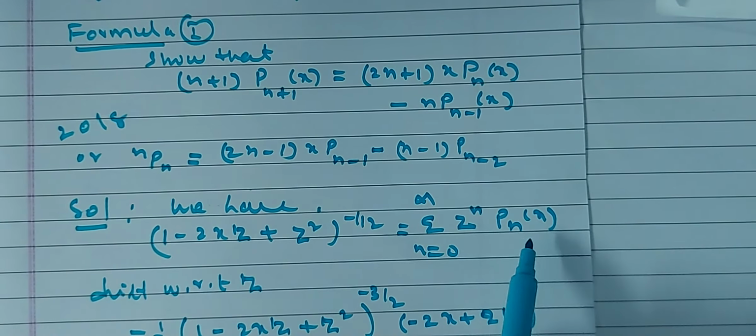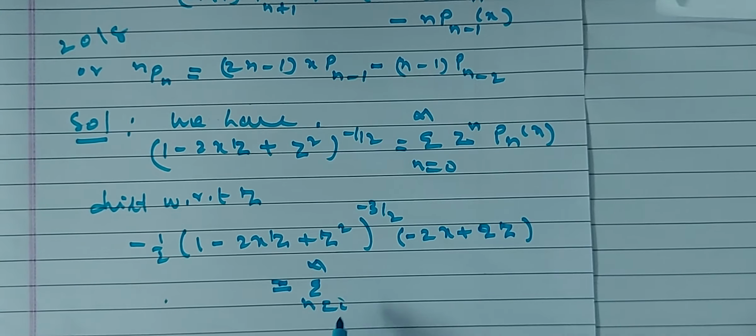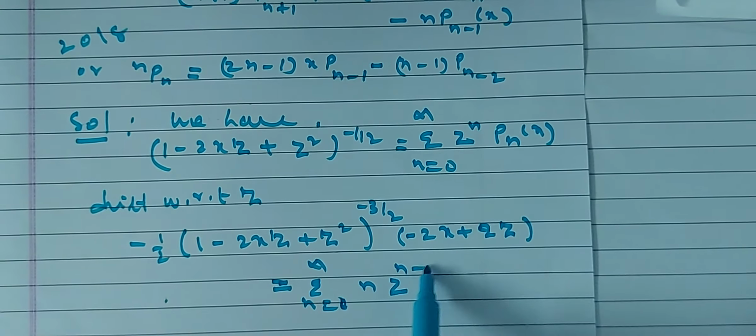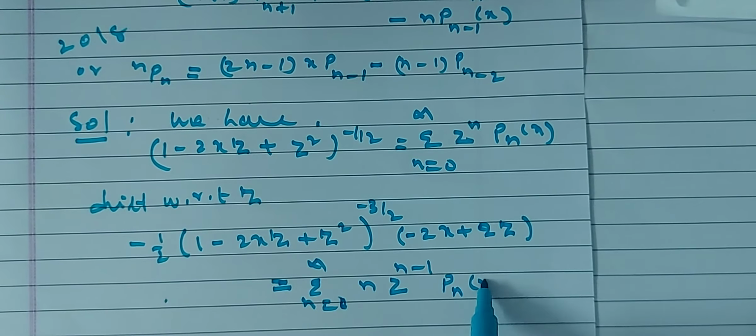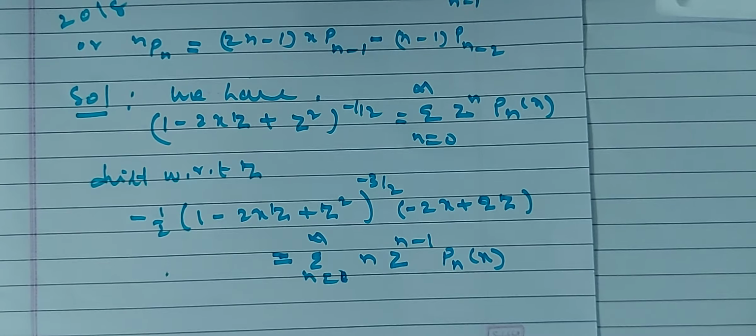With respect to z differentiation, Pn of x is constant: sigma n is equal to 0 to infinity n into z to the power of n minus 1 into Pn of x. This implies the above step is to be like this.